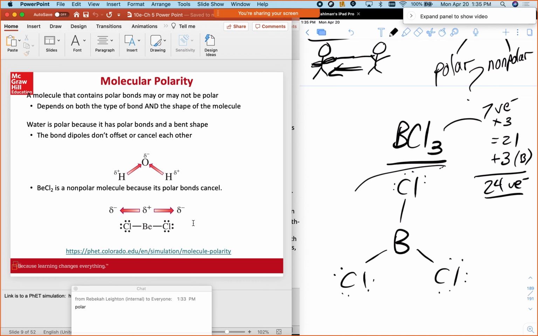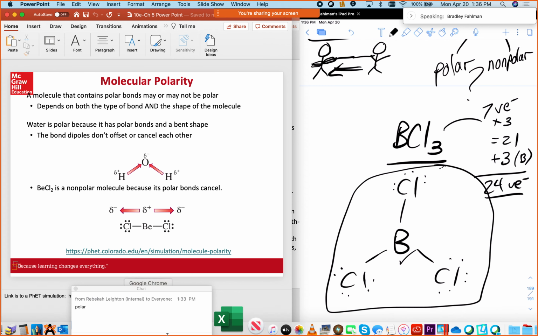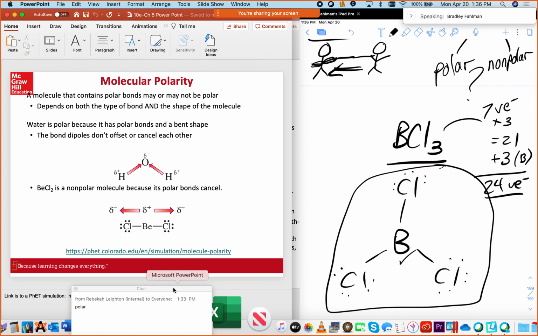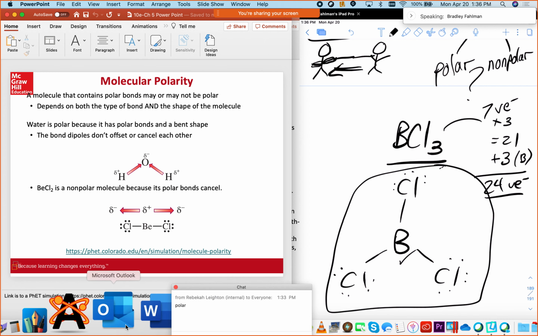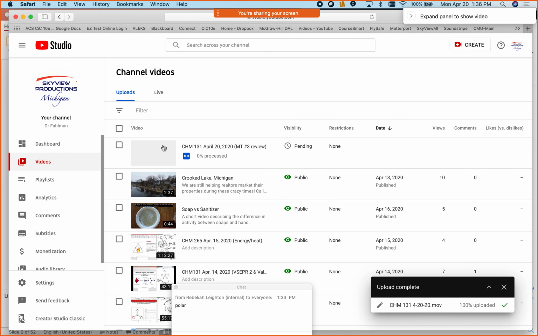Okay, so it's just that. Remember, boron is one that is actually okay with less than an octet, so that's the Lewis structure. Now let me put up a periodic table so you can see.